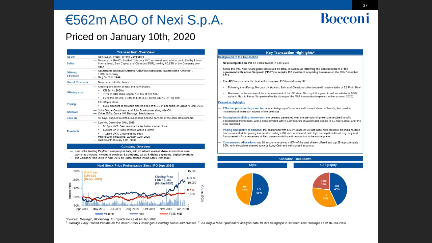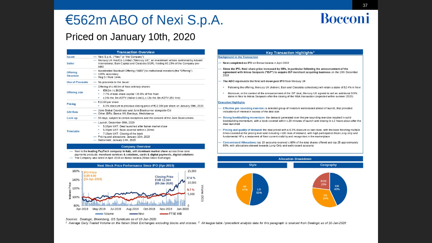Look at the graph. You remember the company was presented to the marketplace as a growing, cash-generating leader with no credit exposure, not a bank, but a corporate with strong infrastructure from a technological standpoint, so a fintech. And look at the price performance. In April, the blue line is the Nexi price.